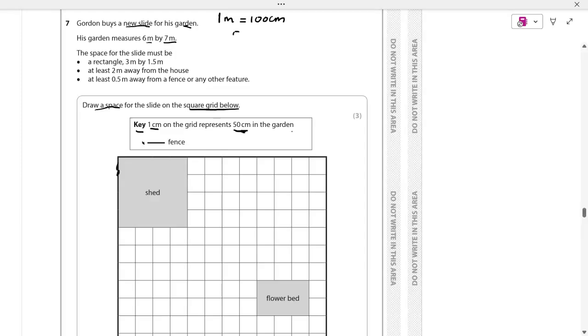So we do 50 centimeters divided by 100. If you put this in your calculator, you will get 0.5 meters. Therefore, how many 0.5s do we have in 6 meters? That is 12. And in 7 meters, we have 14.